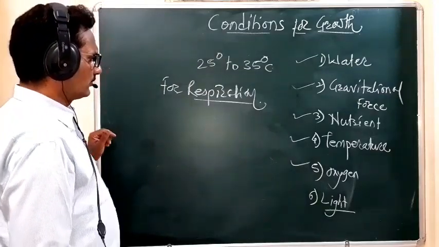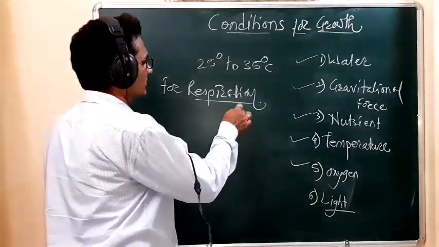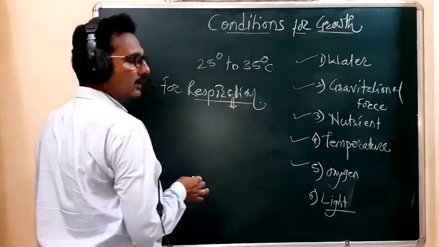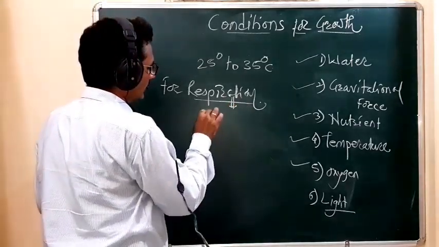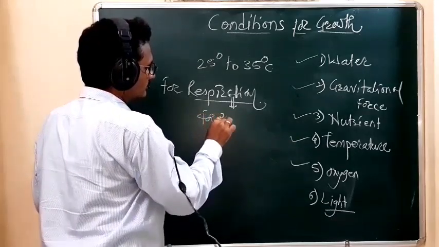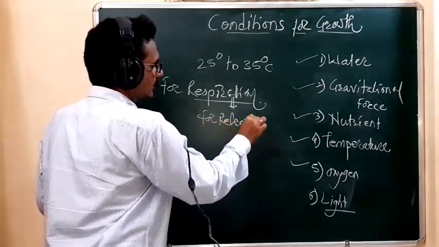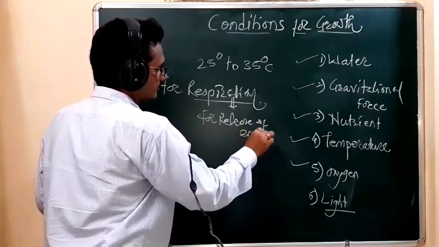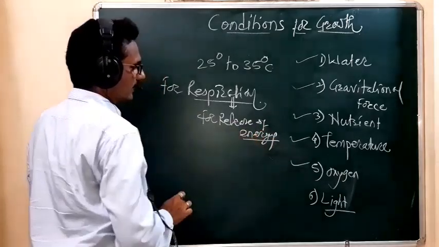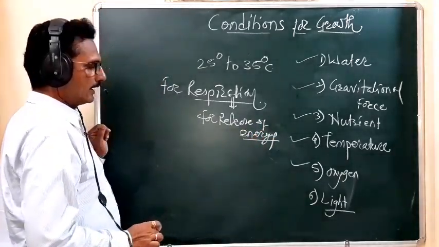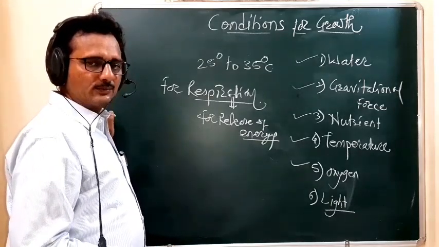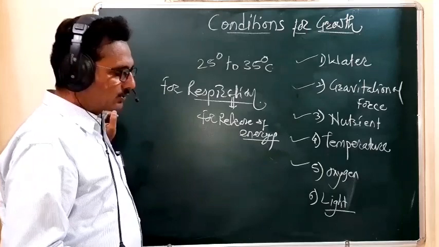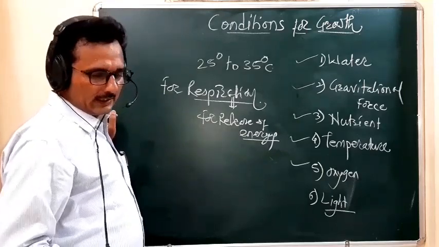Then what is the role of respiration? Because of respiration, there will be a release of energy. For the release of energy, the respiration process is necessary, and in that respiration process, oxygen is required.